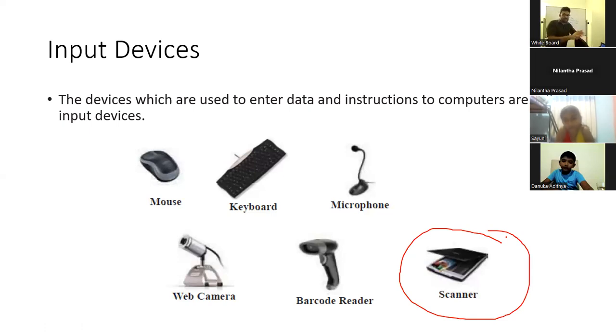You have seen photocopy machines, right? So you can put that on top of the scanner and it will scan it and create a soft copy, a file that you can view using the computer. So you are taking a picture of this into your computer using the scanner.